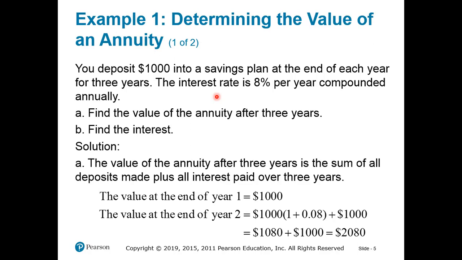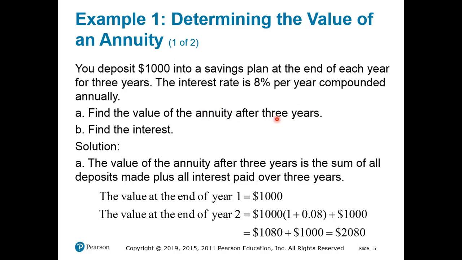Now, let's say you deposit $1,000 into a savings plan at the end of each year for 3 years. The interest rate is 8% per year compounded annually. Okay, now we want to find the value of the annuity after 3 years.